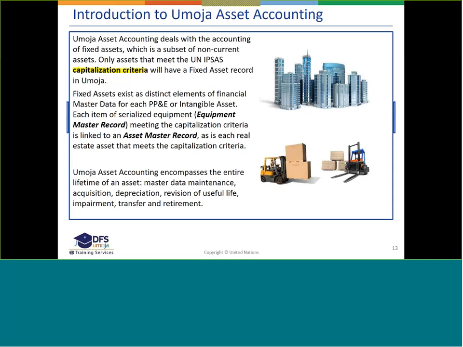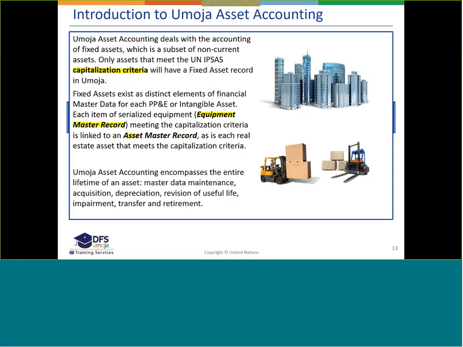If you have a big machine, a big server or air conditioning equipment, you may have a fixed asset that is also equipment. In that case, apart from the asset master record, there will also be an equipment master record managed by property management, and it will be the role SD11, I think.